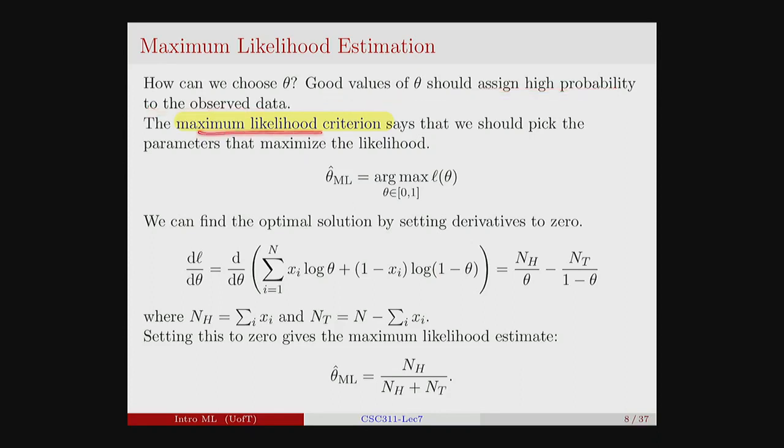We're going to use the maximum likelihood criterion to maximize the following log likelihood. We're going to solve the following optimization problem to get theta hat ML, the maximum likelihood estimator for the Bernoulli random variable that we have. I'll pause here to see if anyone has any questions about the principle of maximum likelihood estimation.